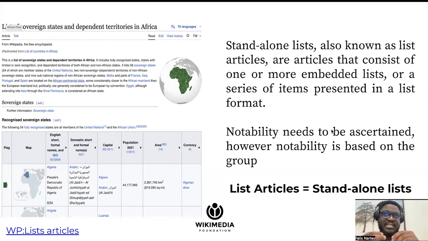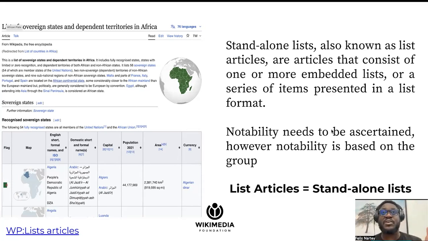What we mean by this is, if there are a couple of articles that you would normally write, which would include something like schools in my region, you could turn those schools in your region into a list of articles. And so a list of articles covers all of those things that could be recorded on Wikipedia. That means it has to meet the notability standard, all the things that could be covered on Wikipedia, but then creating a list out of it.